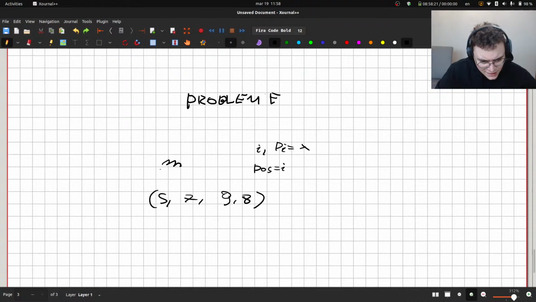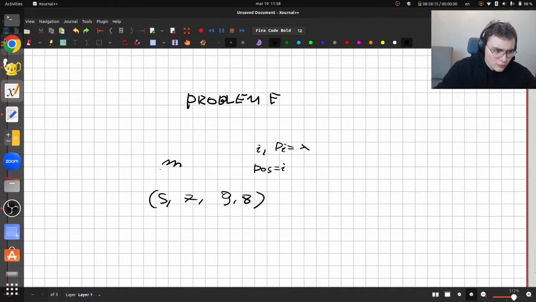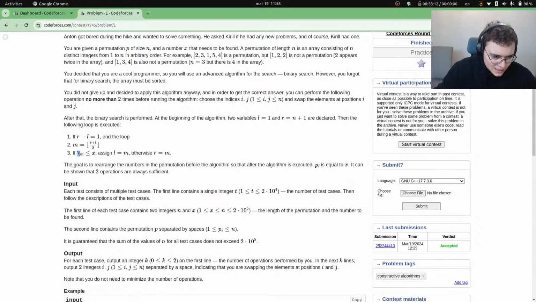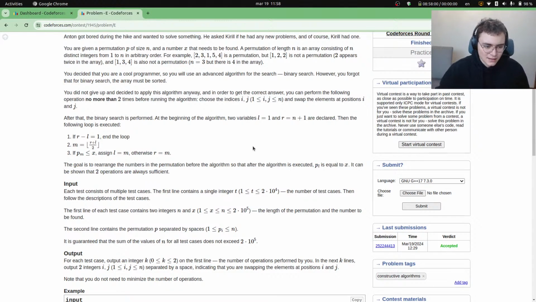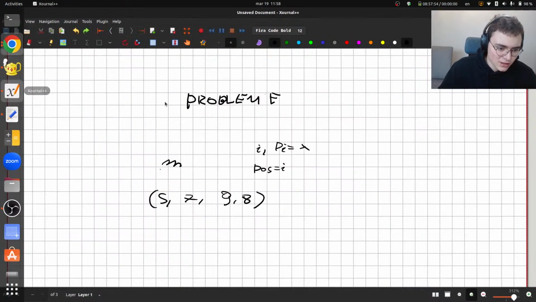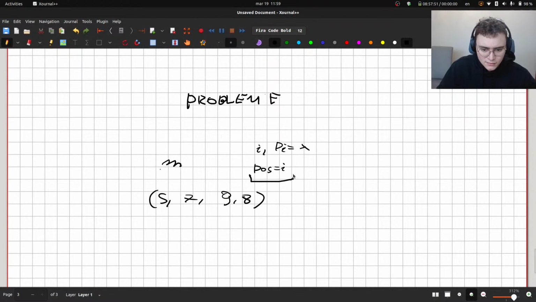So I say that if we don't go through our position, like we don't compare with our position doing binary search, then we can just swap our position with the ending l. And we will always go to l, like in this procedure, because we haven't changed anything. And in the end, it will be equal to p_l, right?